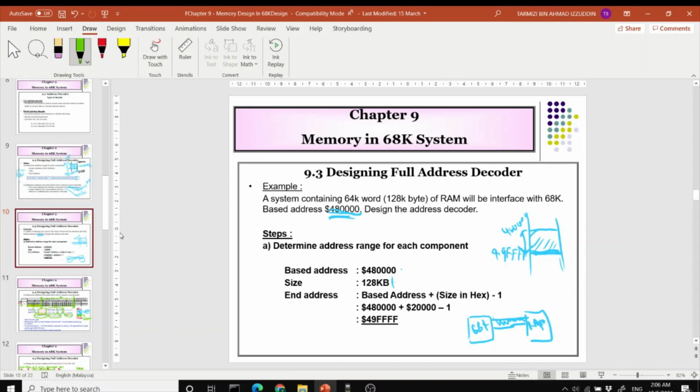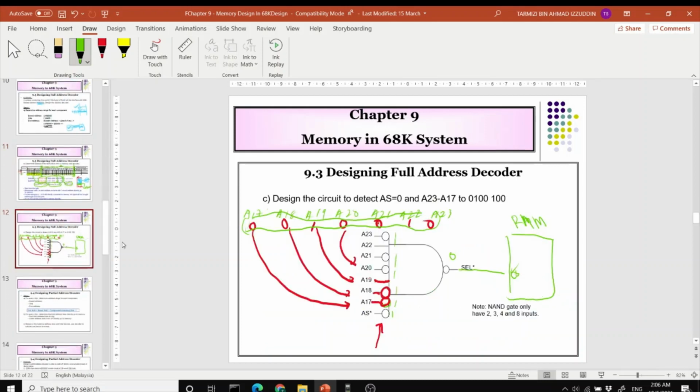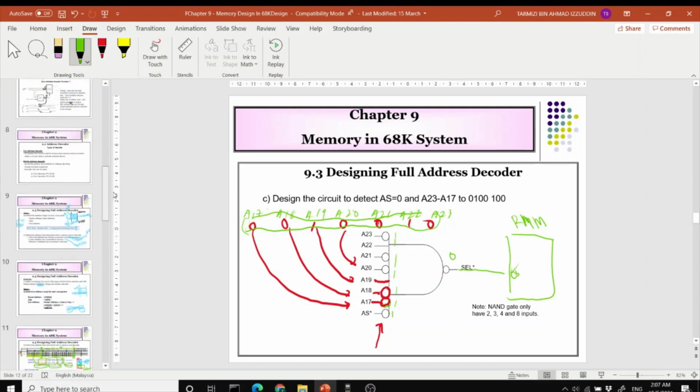Then find the size of the addressing memory and the end address, and based on that, figure out which part is connected directly to the address bus and which part is going to be connected to your decoder. Finally, you design the full address decoder of your system.